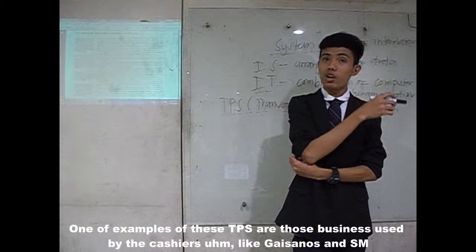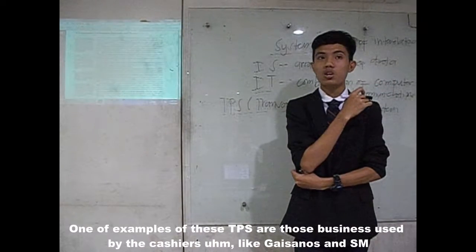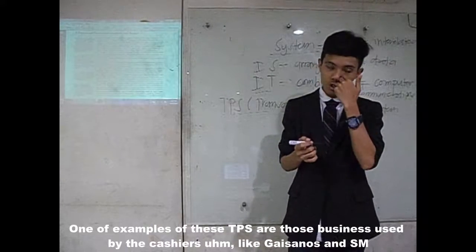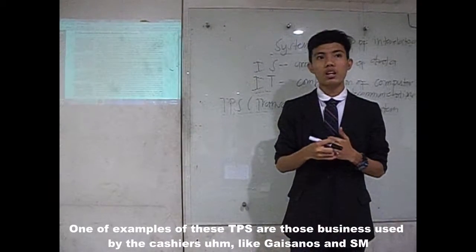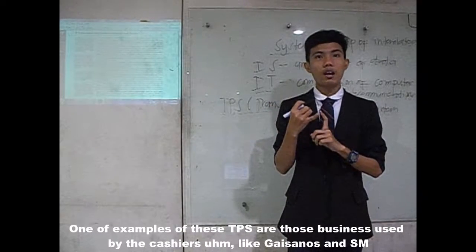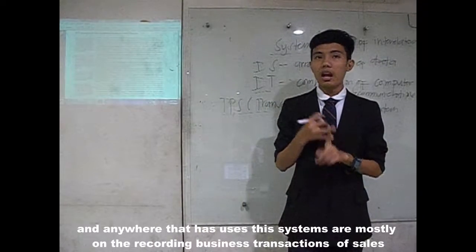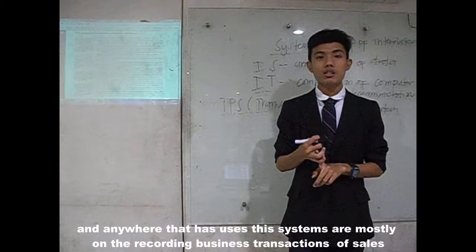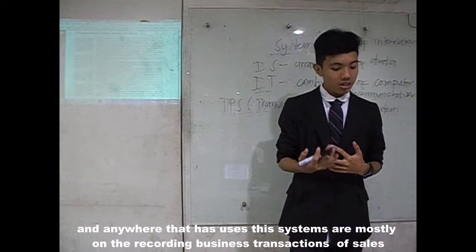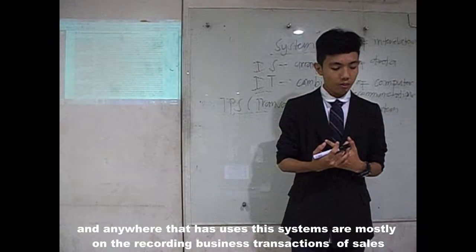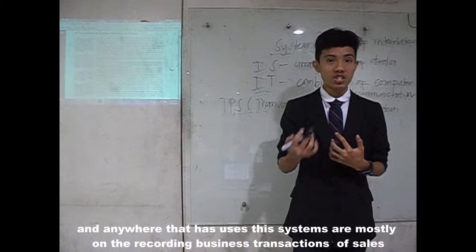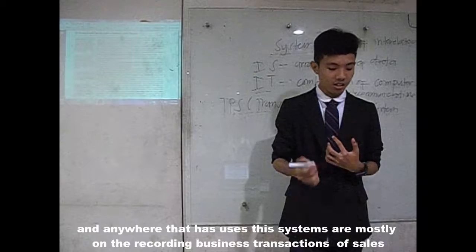One of the examples of these TPS are the systems used by cashiers, for example at Gaisanos and SMs, and anywhere that uses this system, mostly for recording the transactions of sales.